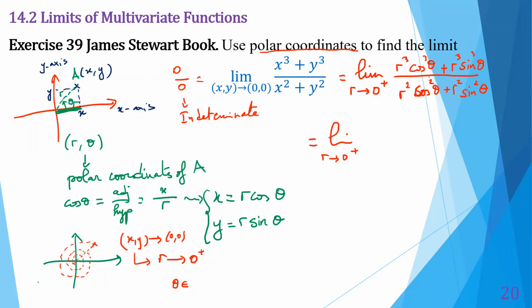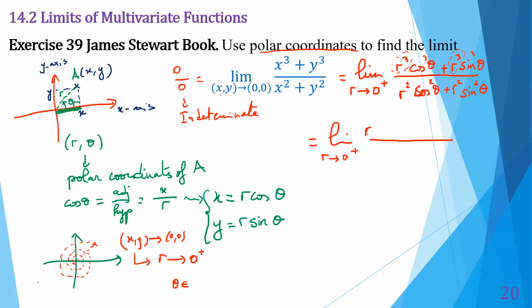Okay, so to make the simplification, first let's see whether we can factor the numerator. Is there any common factor here in the numerator, guys? We can take r cubed. Here we have r cubed and here we have r cubed. Okay, yes.